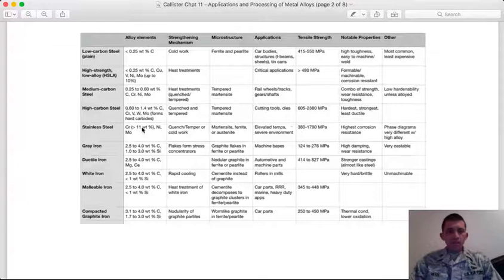And then here you have the stainless steel, which is similar, distinguished by very high levels of chromium. Remember that each of these alloys has its own phase diagram, and what's interesting with the stainless steels is you can actually get austenite as a room temperature microstructure.